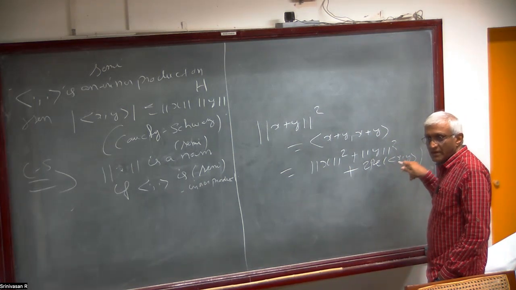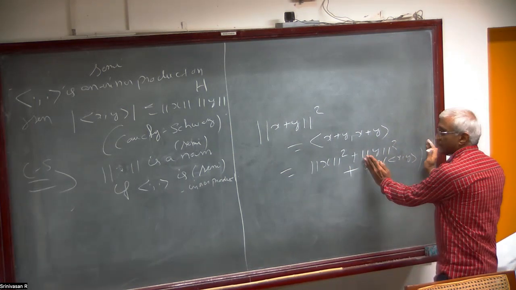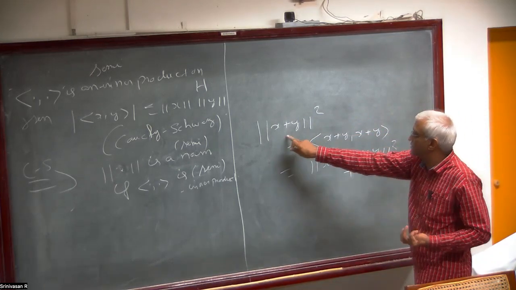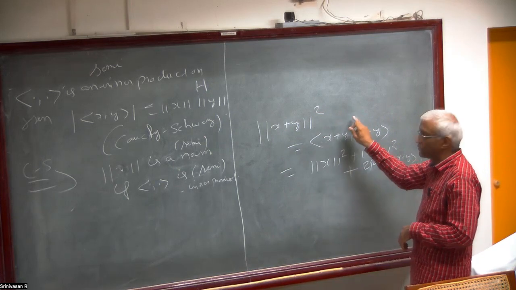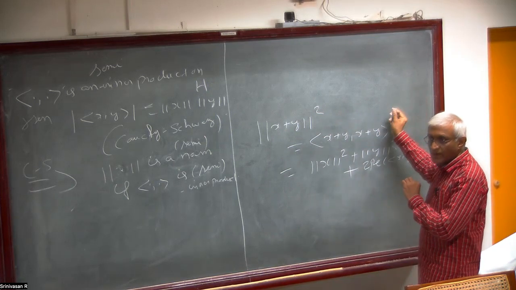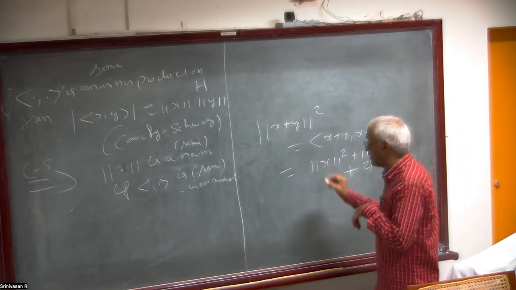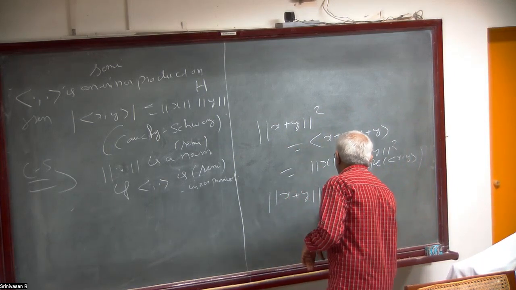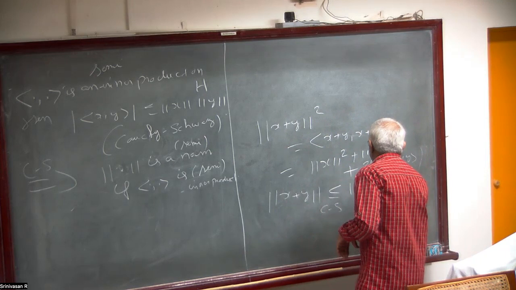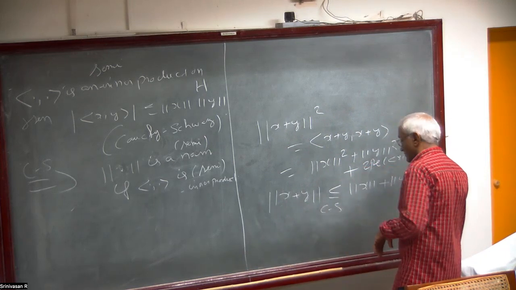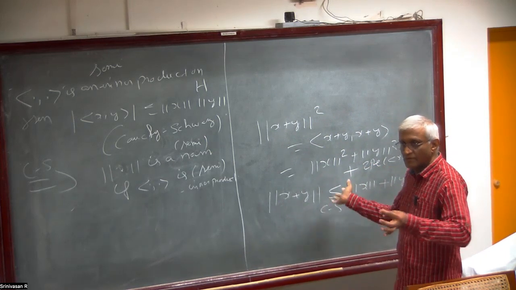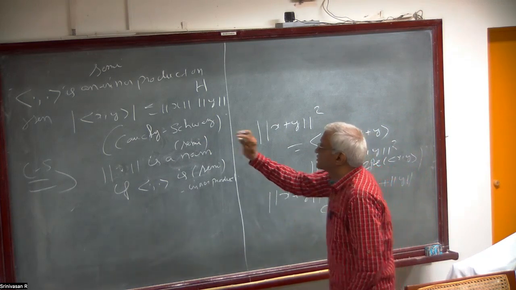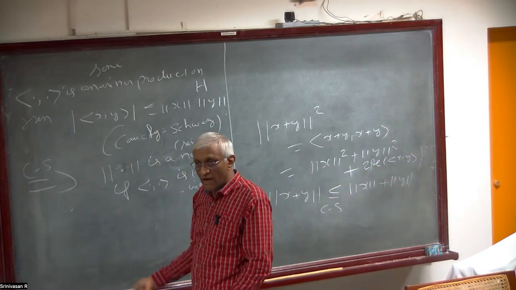Now 2 times the real part is less than or equal to its modulus, which is less than norm x times norm y. And from that you will get that norm x plus y squared is less than or equal to norm x plus norm y, whole squared. So you get the property. Because of Cauchy-Schwarz, norm x plus y is less than or equal to norm x plus norm y. I hope you have seen all this in the earlier course. So once you have an inner product, you have a norm.